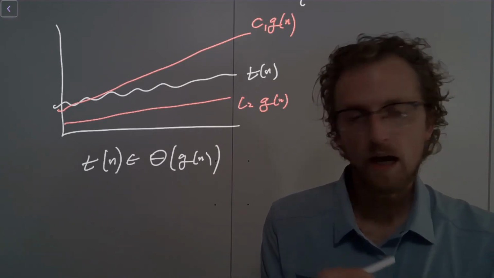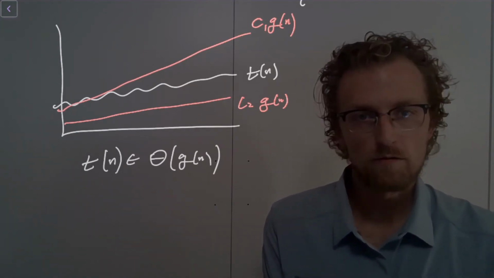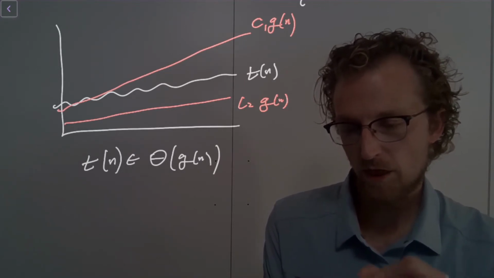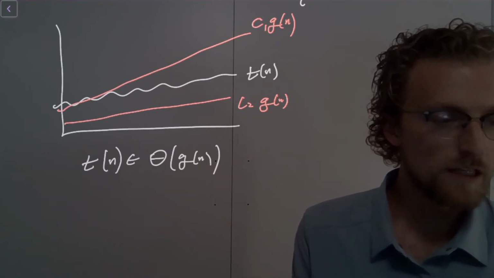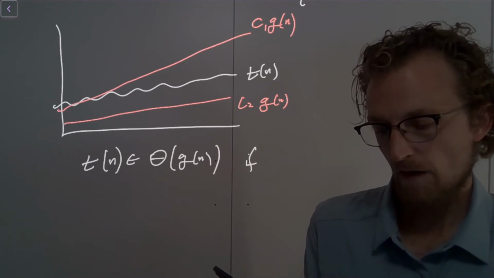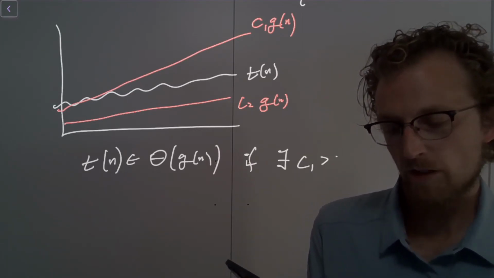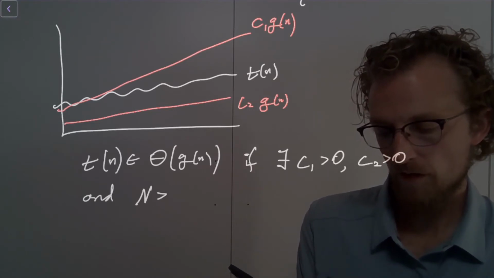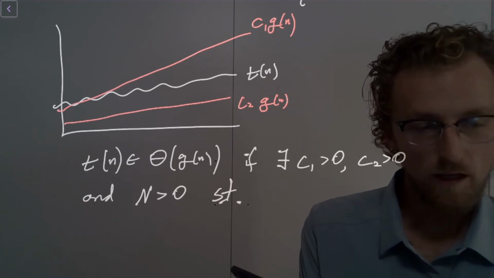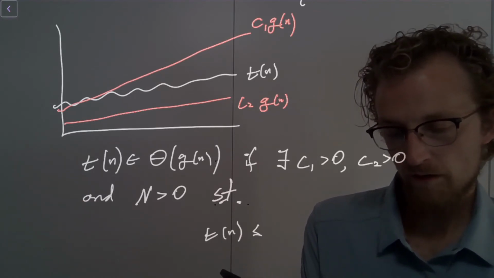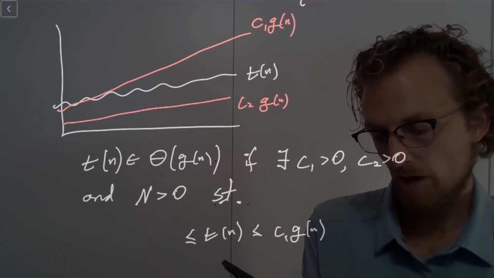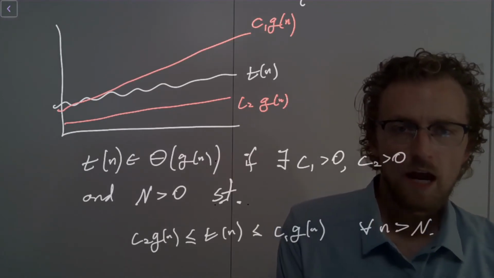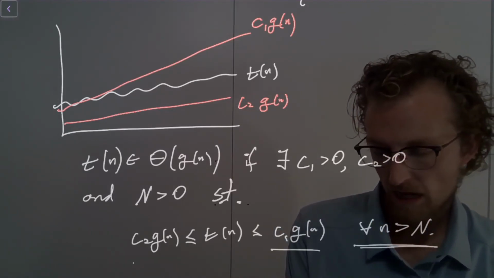Again, just like with big omega, I won't write out the full definition in words, but in math, it looks like this. t of n is big theta of g of n if there exist constants c1 greater than 0 and c2 greater than 0, and a big N greater than 0, same as before, such that t of n is less than or equal to c1 g of n, and greater than or equal to c2 g of n, for all little n greater than big N. This is the part that says if I zoom out far enough, and if I squint so I can't read the numbers.